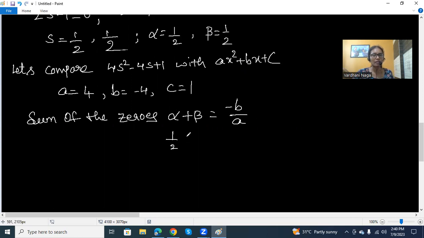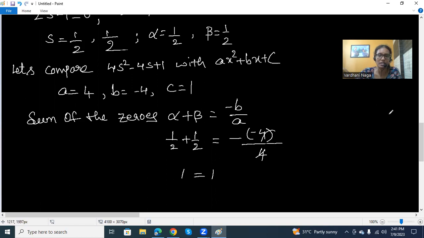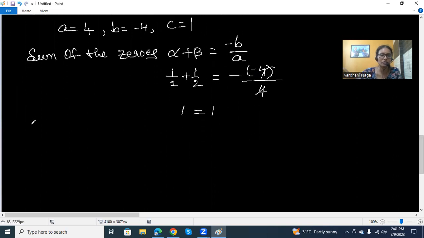So half plus half is 1, and minus of minus 4 by a value 4 is 1. Half plus half is 1, no need to do LCM, otherwise you can do the LCM also. 4 gets cancelled, minus into minus is plus, 1 remains. Right? Sum of the zeros verified.